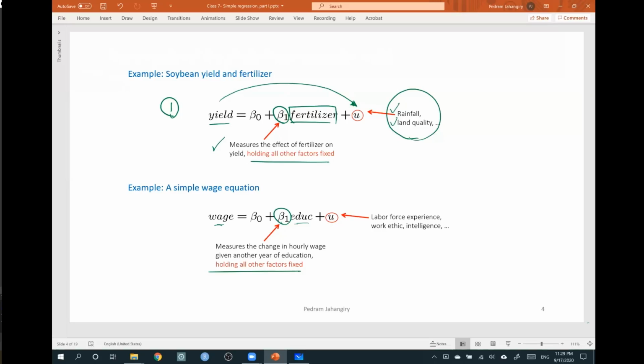In the simple regression model, we know for a fact that there is a very good chance that we cannot hold everything else constant. Okay. So that's why, again, in practice, we don't use the simple regression model. So what are some examples of u here? We named a bunch of them in the first slide, but some other ones are labor force experience, work ethics, intelligence, and etc. Okay.